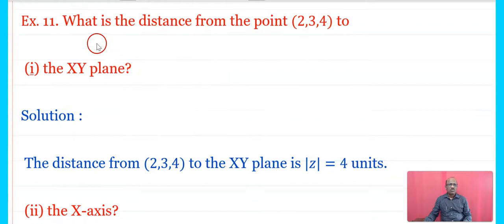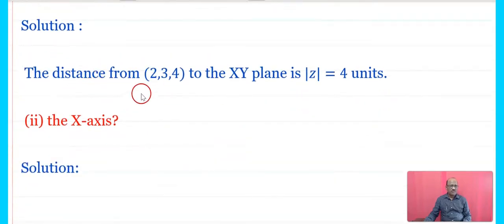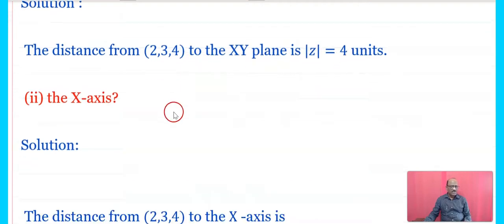Next question, what is the distance from the point 2, 3, 4 to the xy plane? The distance from 2, 3, 4 to the xy plane is equal to mod of z, and that is equal to 4.